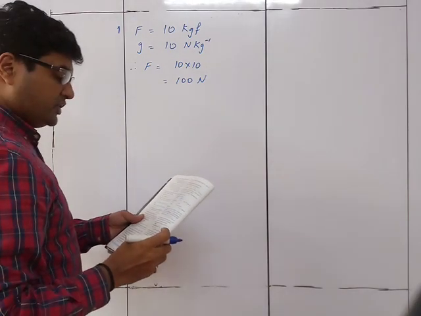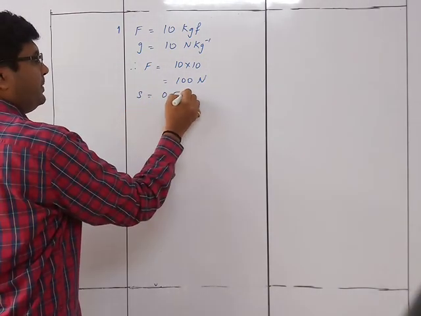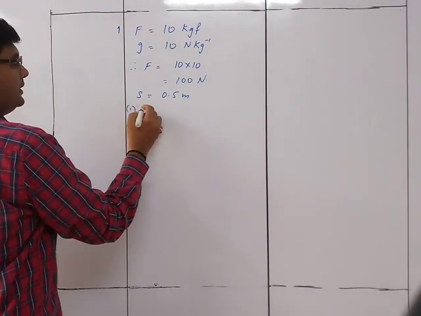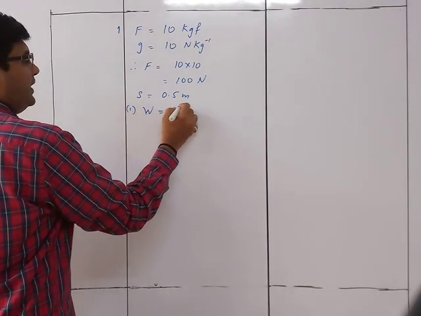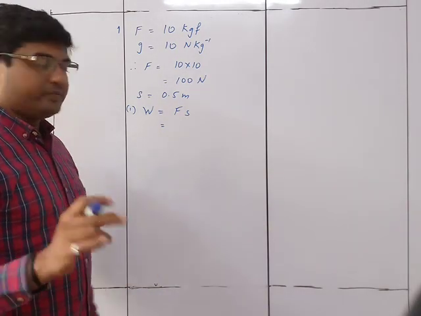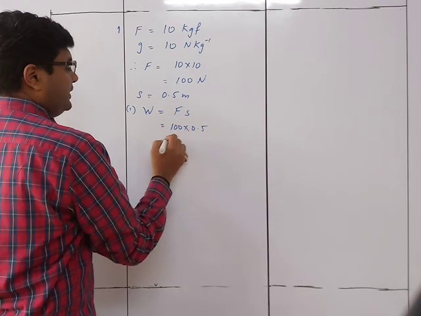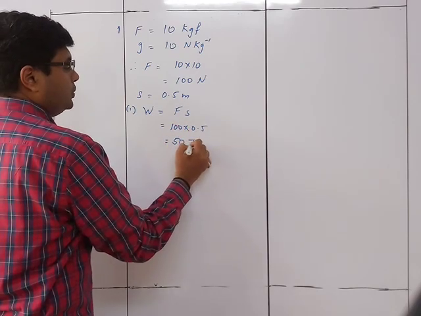We have the displacement S is equal to 0.5 meters. According to the first formula, W is equal to F into S because it is in the direction of the force, so it will be 100 into 0.5 is equal to 50 joule.